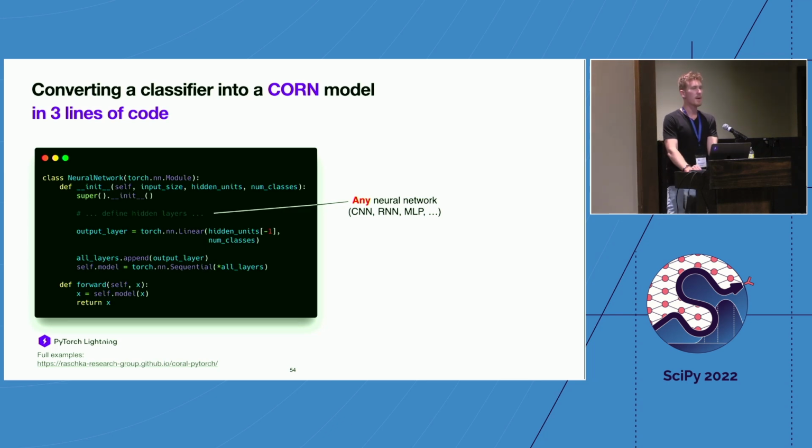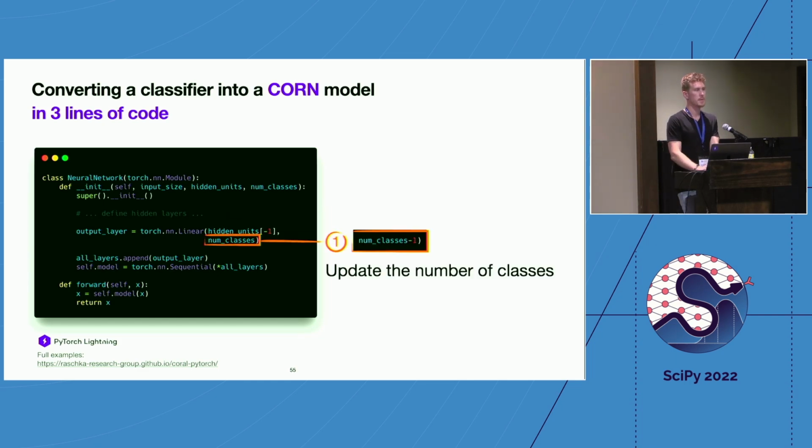I have many examples. Here, it's more like the big picture of how you would convert a model into a Korn model, using Pytorch code as a reference because it's easy to read. So assume you have an arbitrary neural network, some number of hidden layers, could be a convolution network, recurrent neural network, transformer, multi-layer perceptron, whatever you like. Any type of network would be compatible with that. In the output layer, you just update the number of classes. So you have the number of classes minus 1 here.